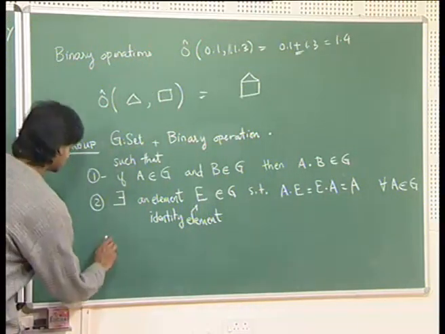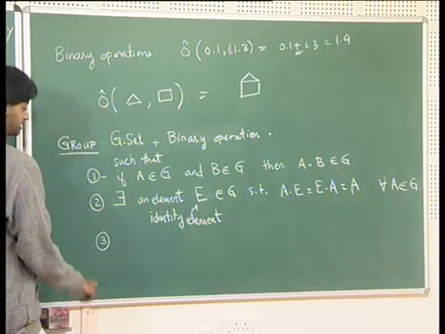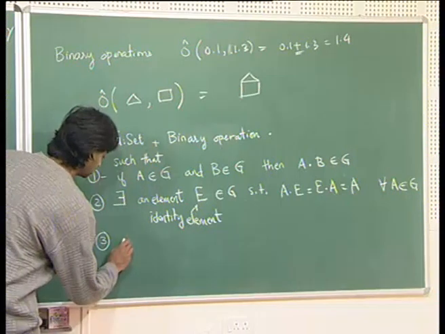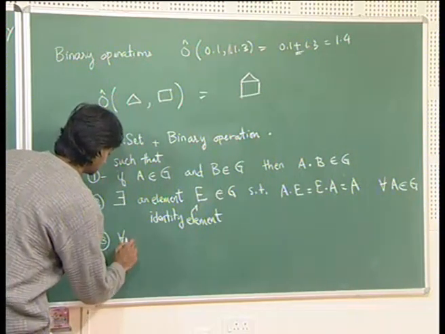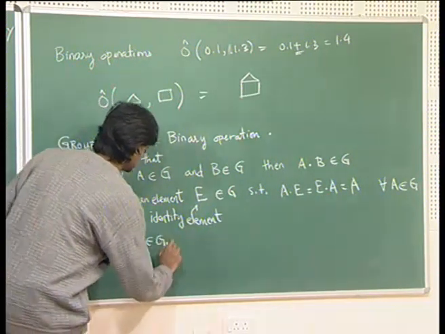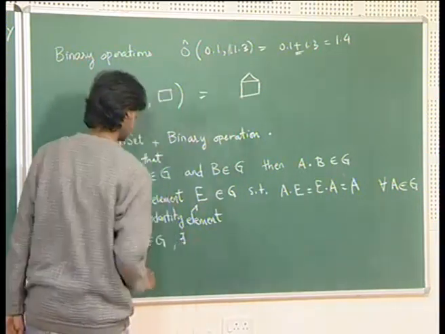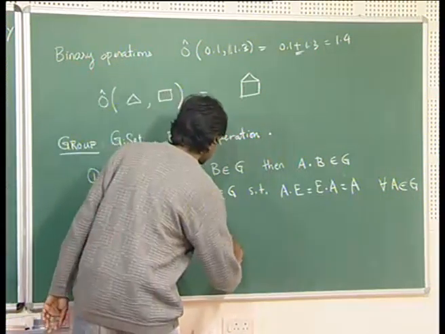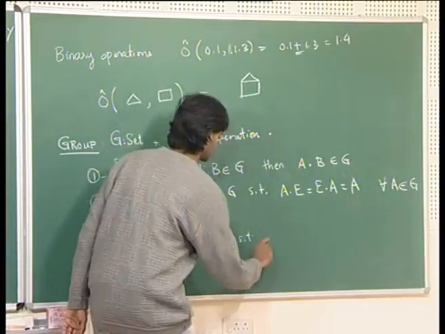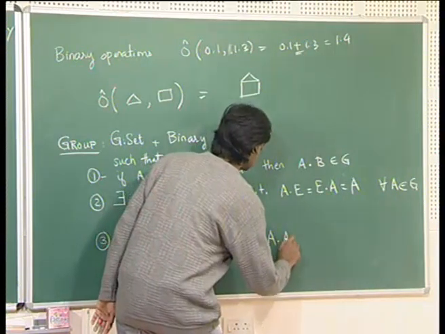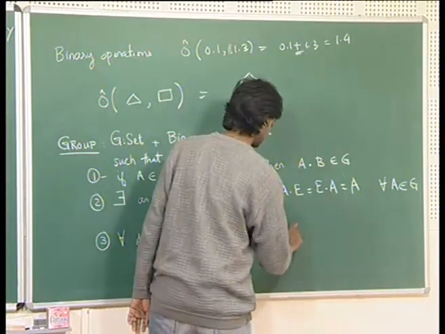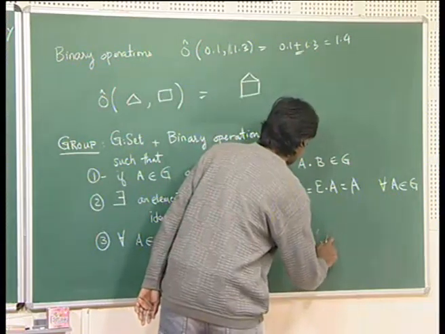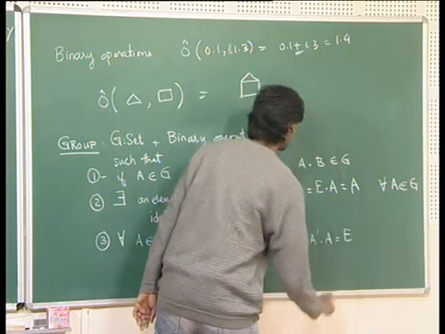Okay. And the third condition is that for all A contained in G, there exists A prime contained in G such that the binary operation of A and A prime is equal to the binary operation of A prime and A. This is equal to the identity.